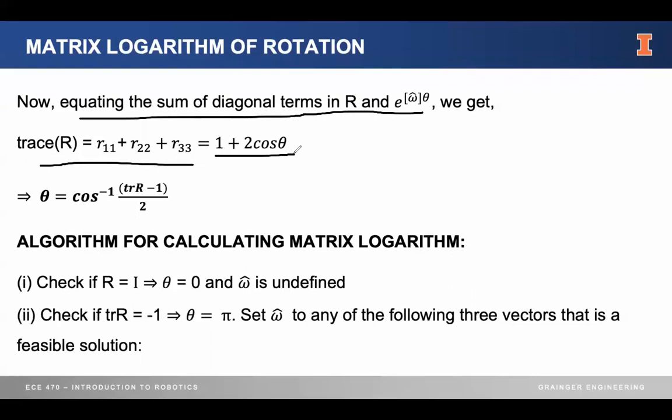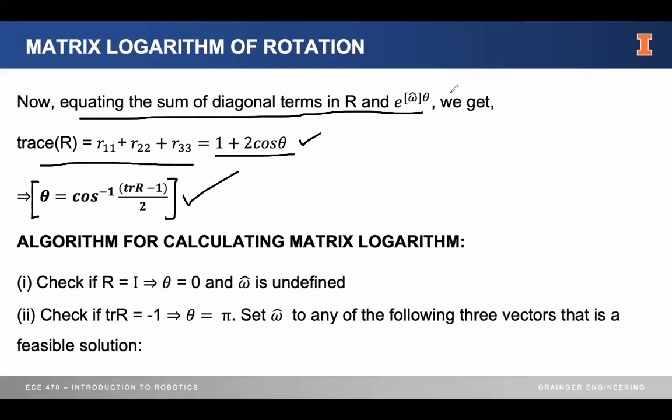From this we can calculate our angle theta, which is equal to the inverse of cosine of the trace of the rotation matrix minus 1 divided by 2, as can be seen in the equation. So we have obtained the omega and theta from a given rotation matrix.